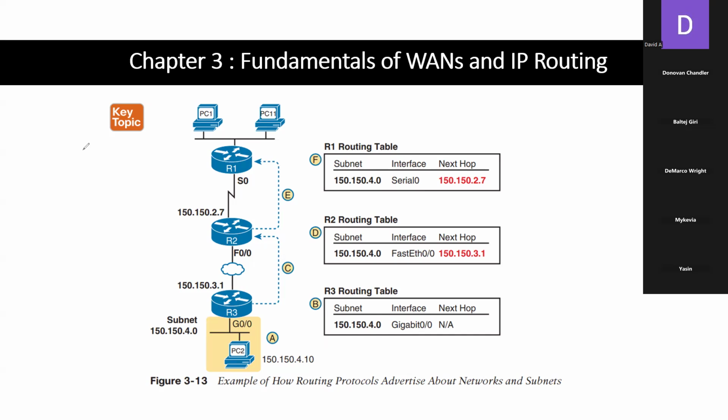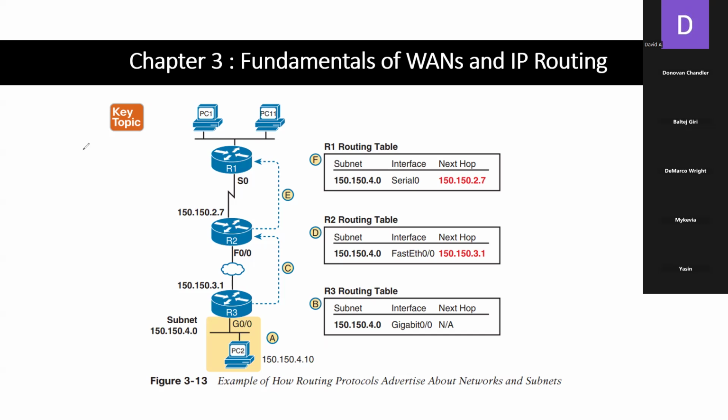But with a dynamic routing protocol like OSPF, that router is going to talk to its neighbor and say, hey, within my routing database, I have these routes. I'm going to share them with you. The only routes that I have are directly connected routes, which are automatically installed when I configure IP addresses on my router.